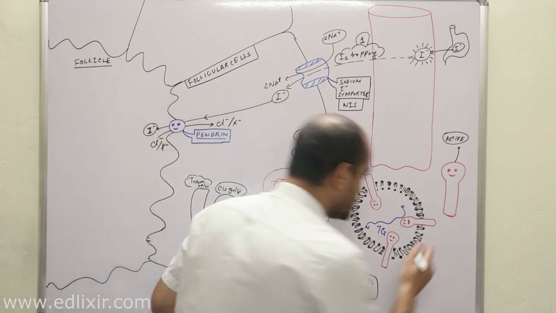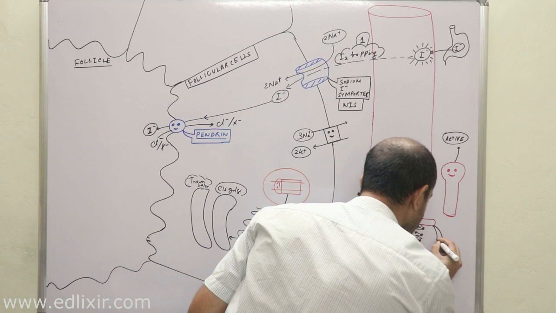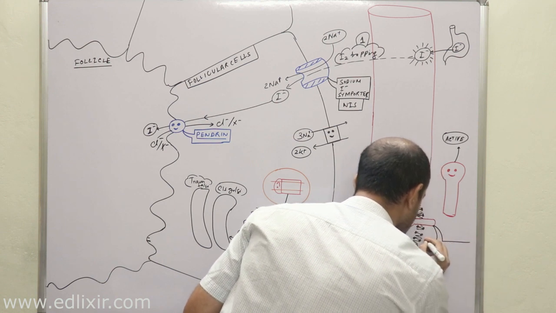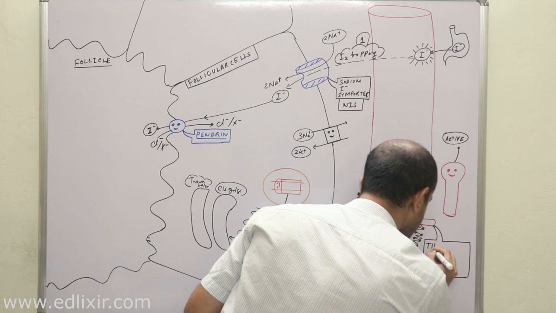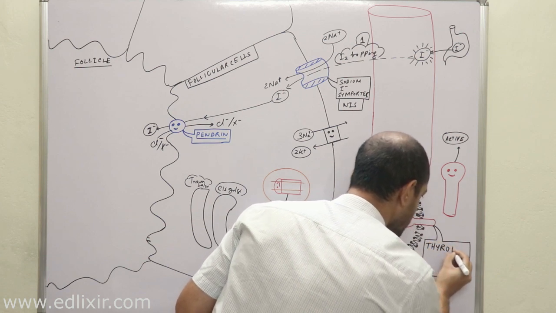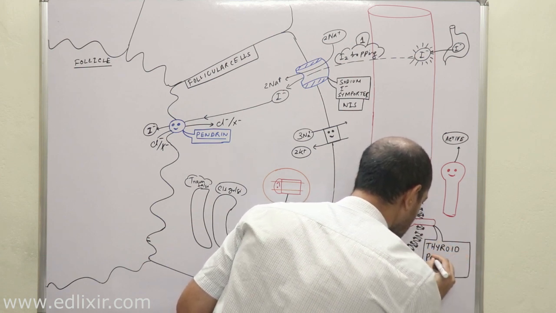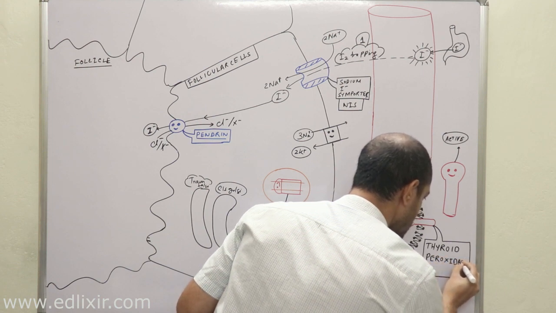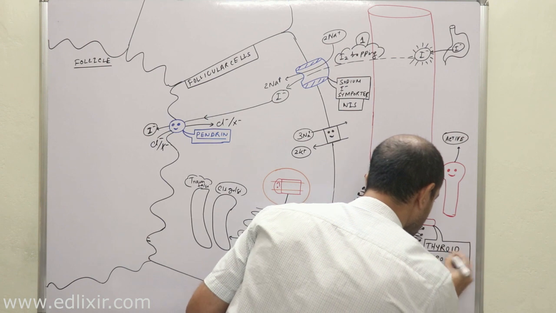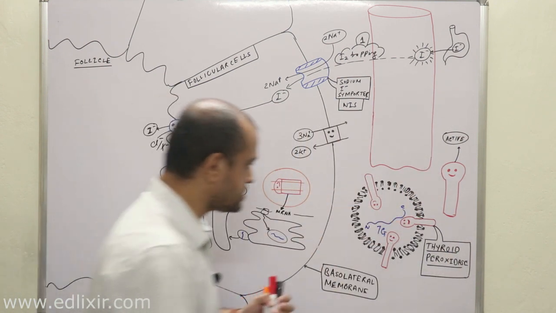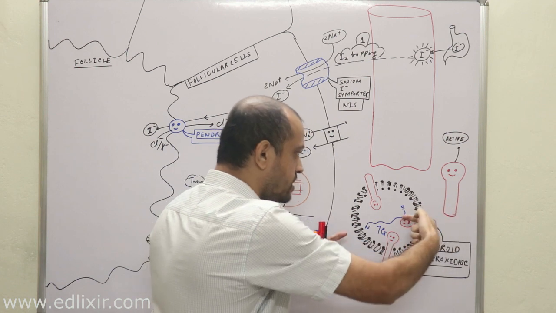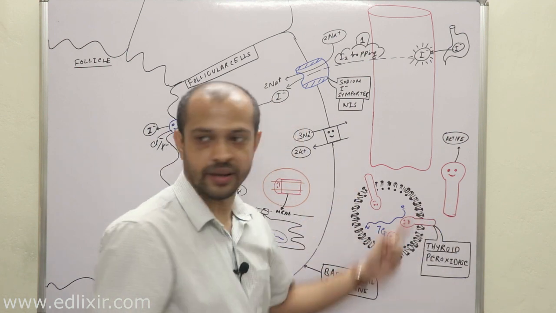Now the enzymatic domain of thyroid peroxidase, that means, is within the vesicular lumen.